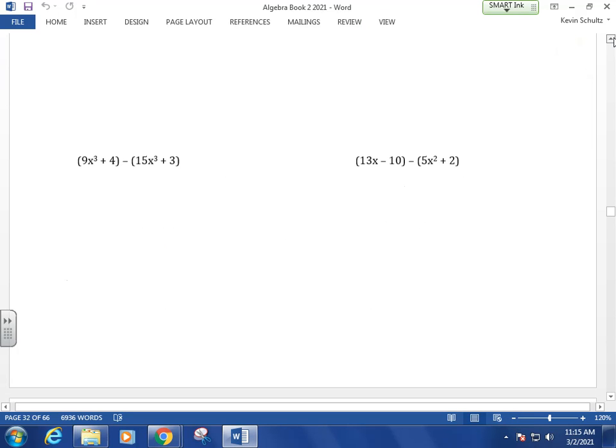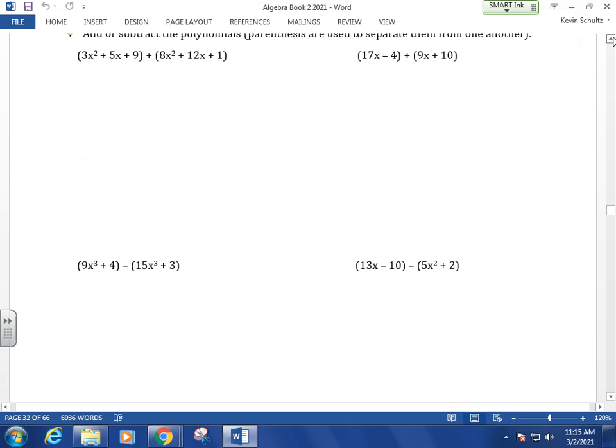So let's look at the first one here. It says (3x squared plus 5x plus 9) plus (8x squared plus 12x plus 1). You can see that our two expressions are isolated inside the parentheses there, and they're already in standard form for us, which is helpful. Now we can look for any missing terms. We have an x squared term in our first expression.